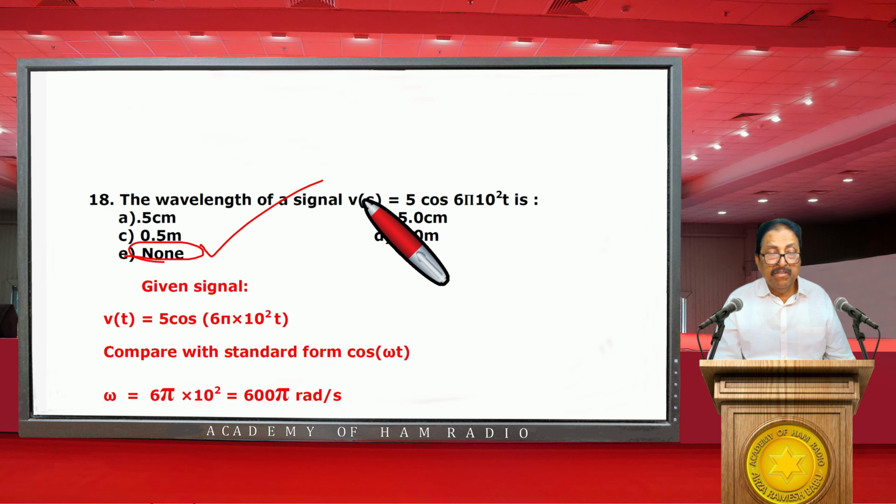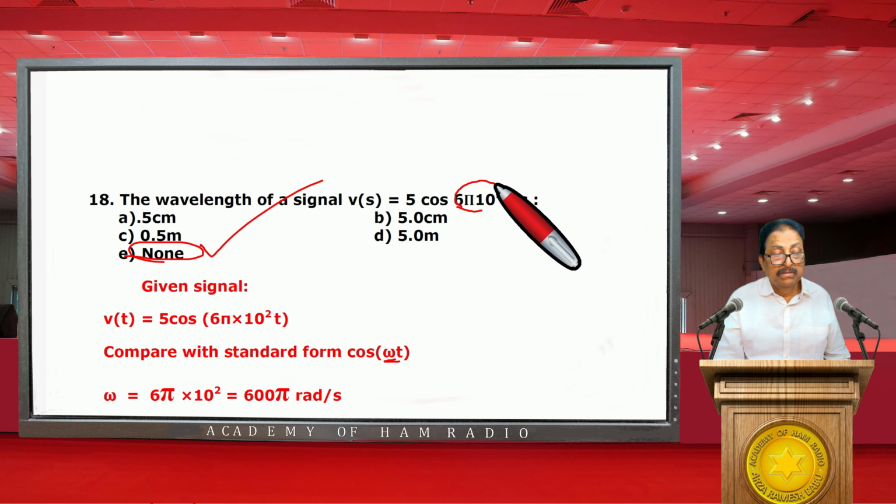Vs means Vt. Compare with the standard form cos omega t. By comparing, omega is 6 pi 10 to the power of 2, which is 600 pi radians per second.